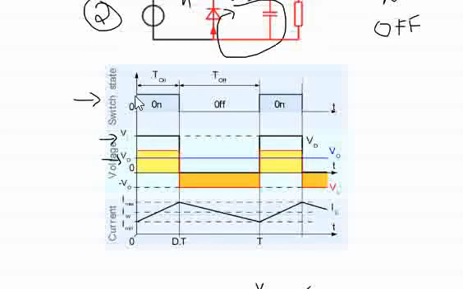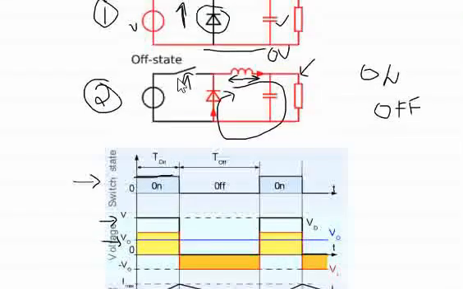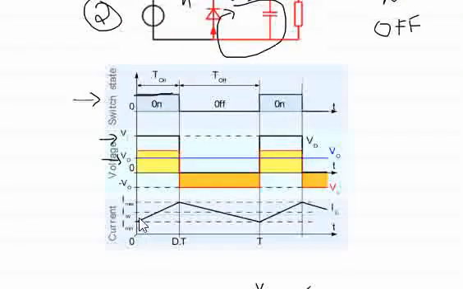You can see when the switch is turned on, there is more current being drawn because the inductor is charging, and at the same time we are getting the output voltage developed. When the output voltage reaches a particular extent, and by the time it reaches Imax, what we are doing is turning off the MOSFET.